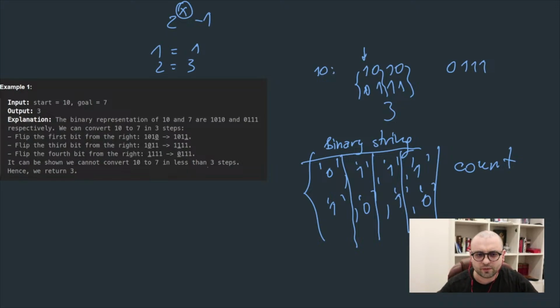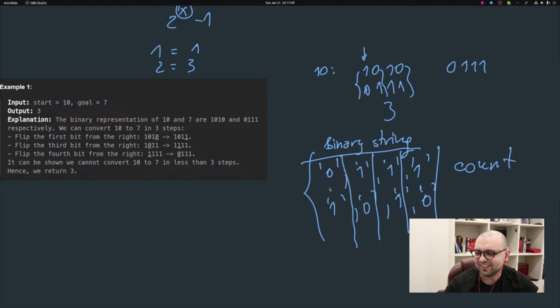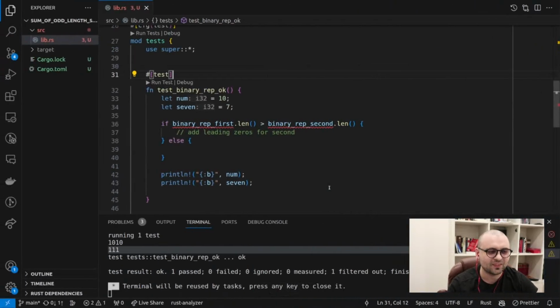But we need to solve first the leading zeros problem, because I need to have two equal binary representations. I think your suggestion is exactly what I'm trying to implement now. So let's try to see this.